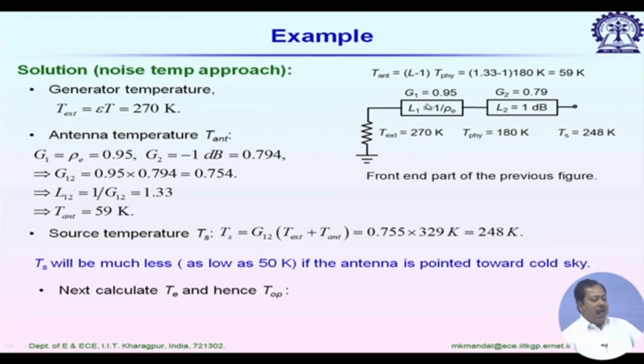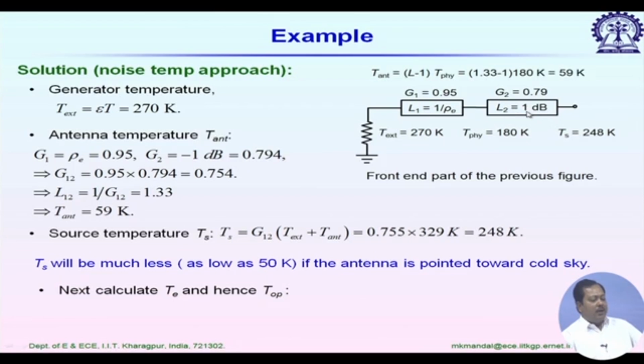Now antenna temperature, T antenna. The antenna loss is given by 1 by rho e, because the gain is 0.95, then loss is 1 by 0.95, followed by the antenna we have a section of waveguide for which again loss is 1 dB. So we calculate the corresponding gain.